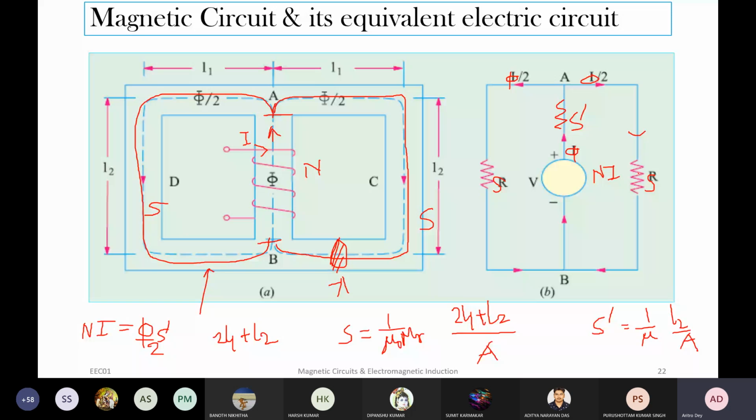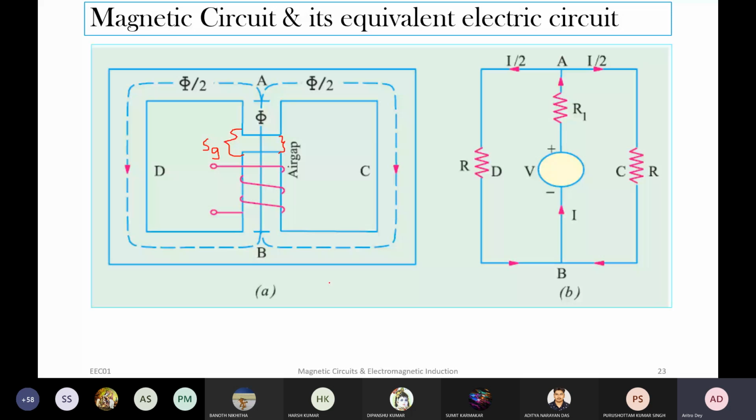Initially S dash was there, and if this length is very small, then we can ignore that. That means we can take it as L2 only. This length is L2, but say L2 equal to 10 centimeter and air gap equal to 0.5 centimeter. Then we can take L2 as approximately 10 only.